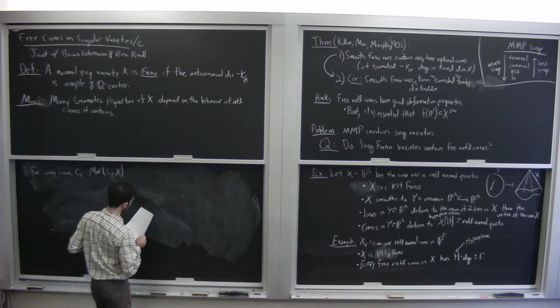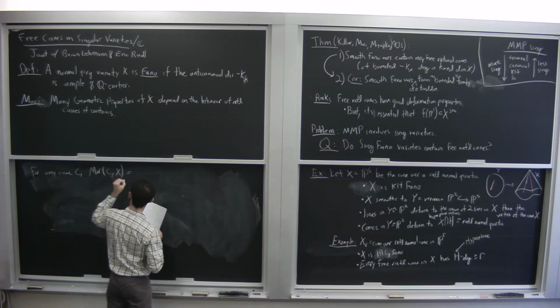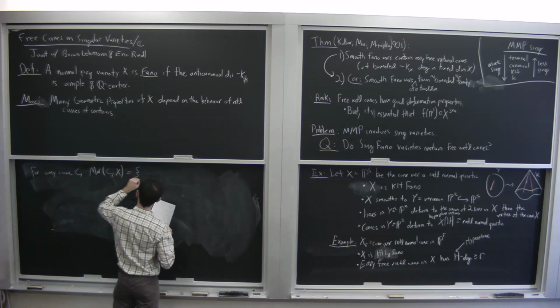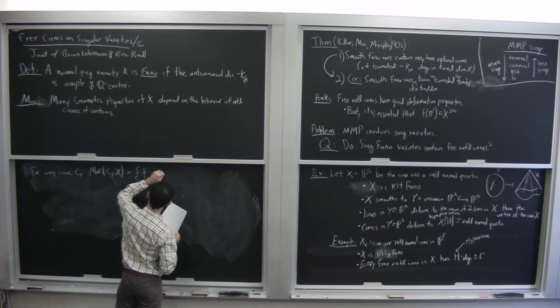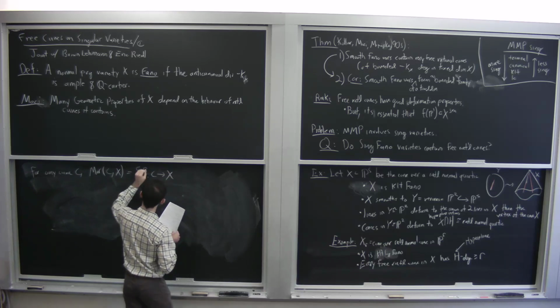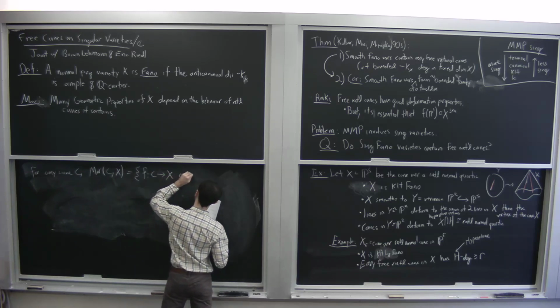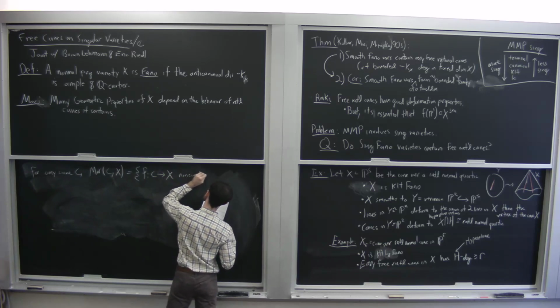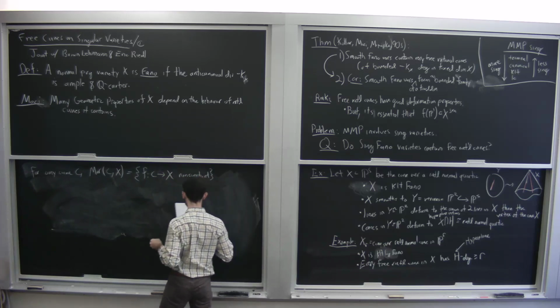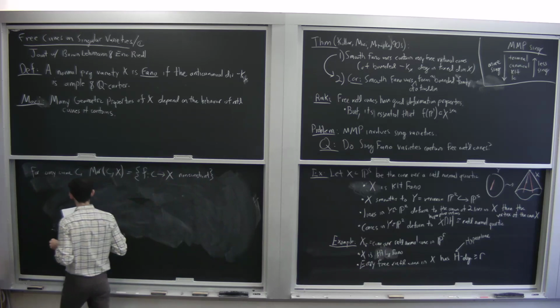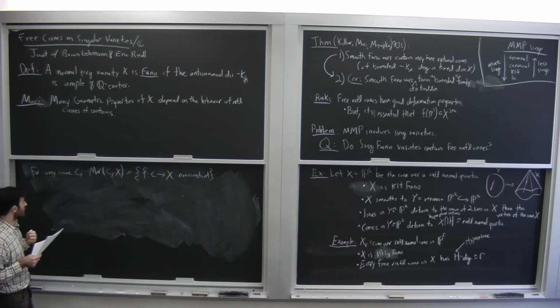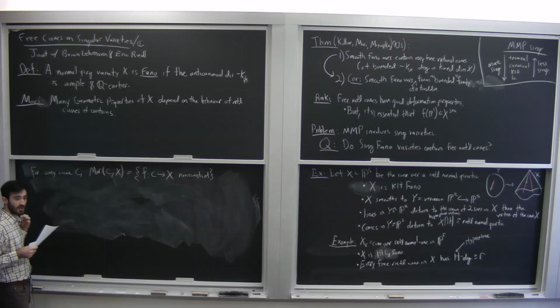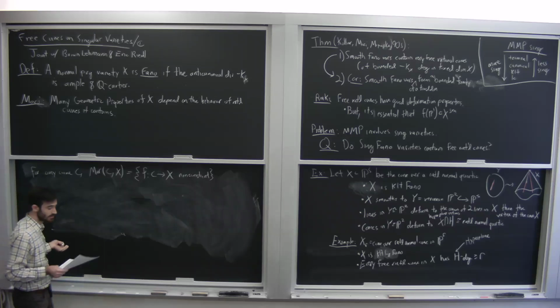For any curve C, there's a morphism scheme, Mor(C, X), which parameterizes all maps f from C to X which are non-constant. So this is actually a scheme. If you bound the degree with respect to some ample line bundle of your map, then it's going to be a quasi-projective scheme.